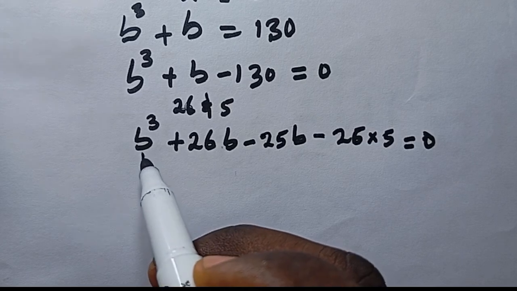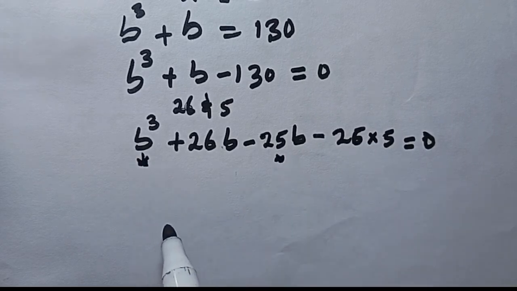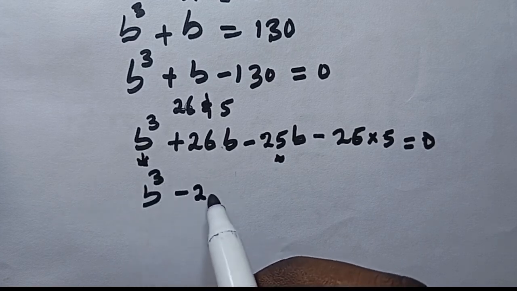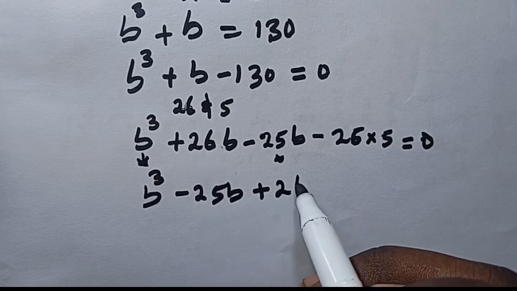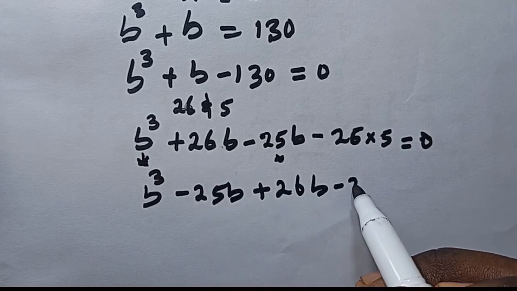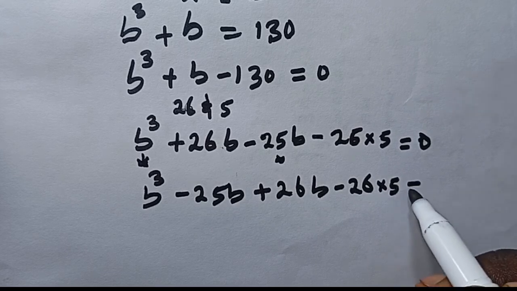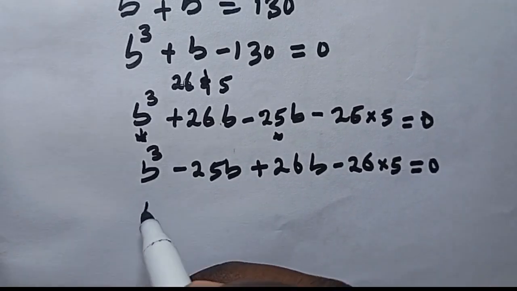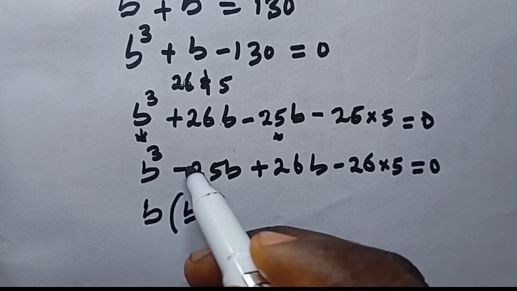I'm going to bring this one and this one together. So if I do that, I'm going to be having b^3 minus 25b, and then plus 26b minus 26 times 5, and this is equal to 0. At this point, you can see that b is common, so I'm going to factor this b out.